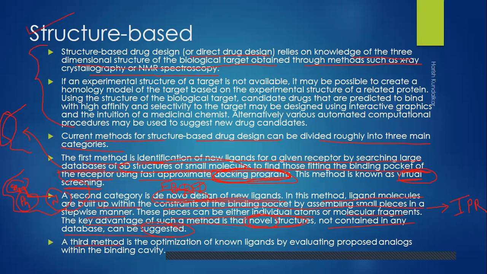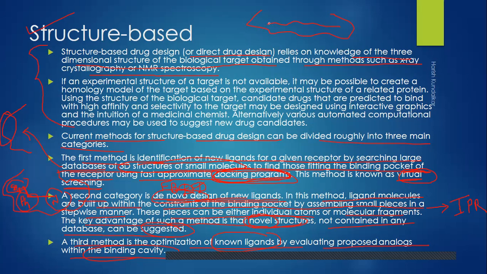A third method is optimization of known ligands by evaluating proposed analogs within the binding cavity. When we know that a certain ligand is binding to a binding pocket, we can optimize the different parts of that ligand. Suppose this ligand has an ethyl group over here, but we see that this is quite a bulky space in the active site.